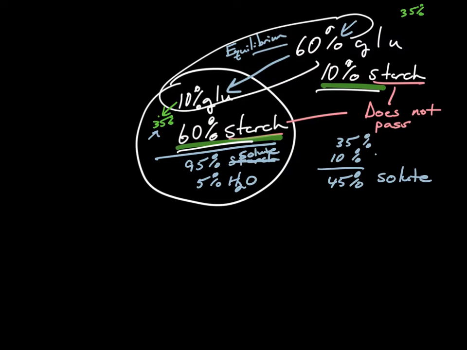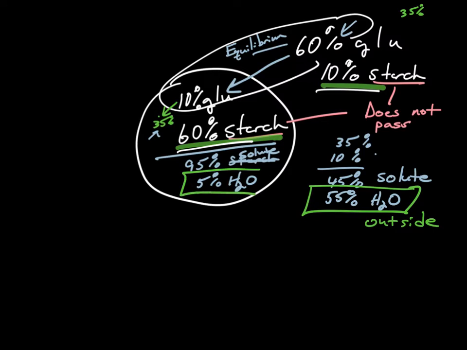And so here we have 45% solute, so that means you have what percent water? That's 55% water, right? To equal a total of 100. So your water is 55% outside. Your water's 5% inside. So water's going to move into the cell.